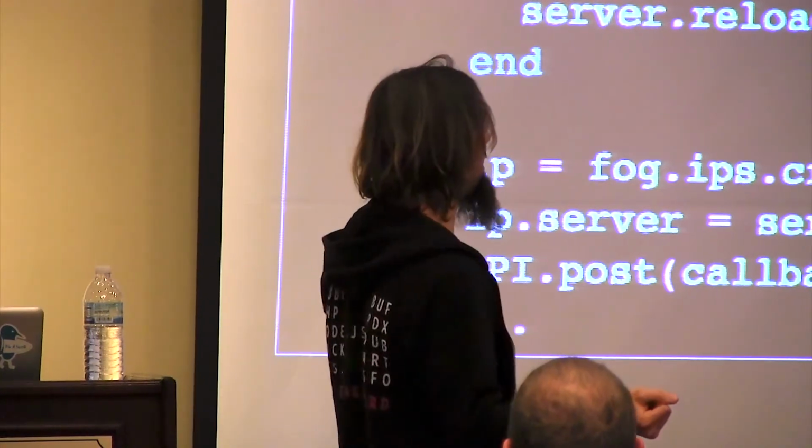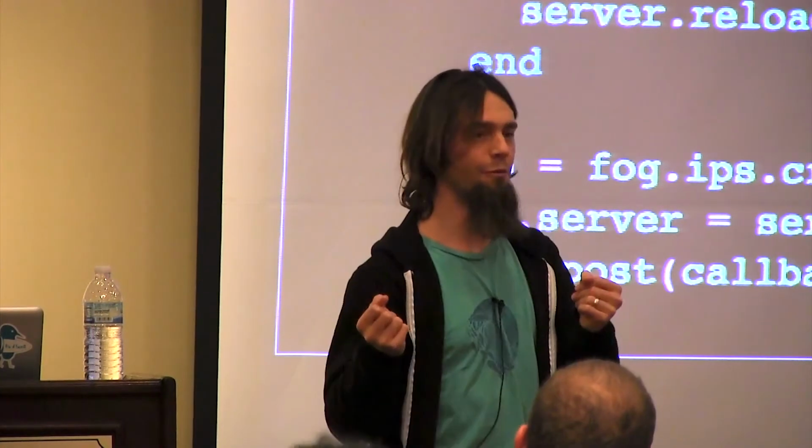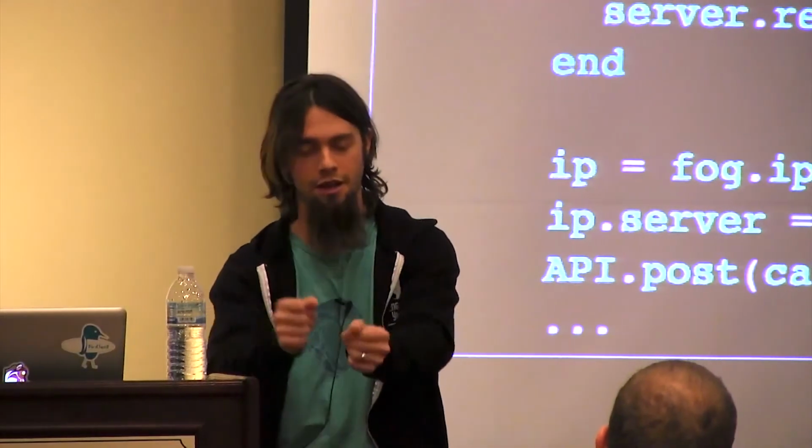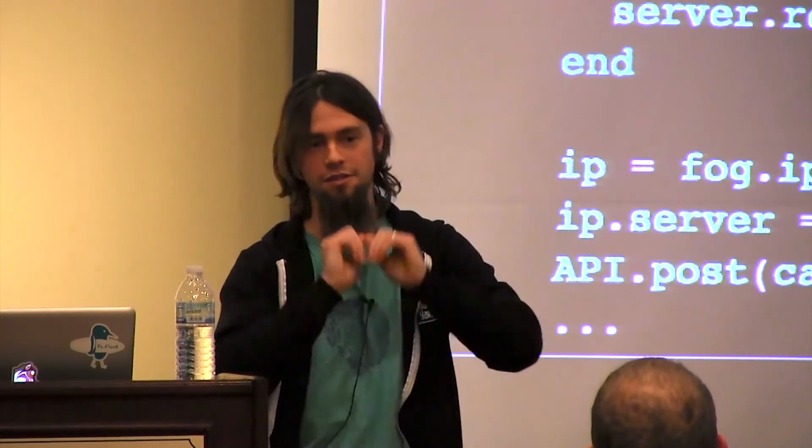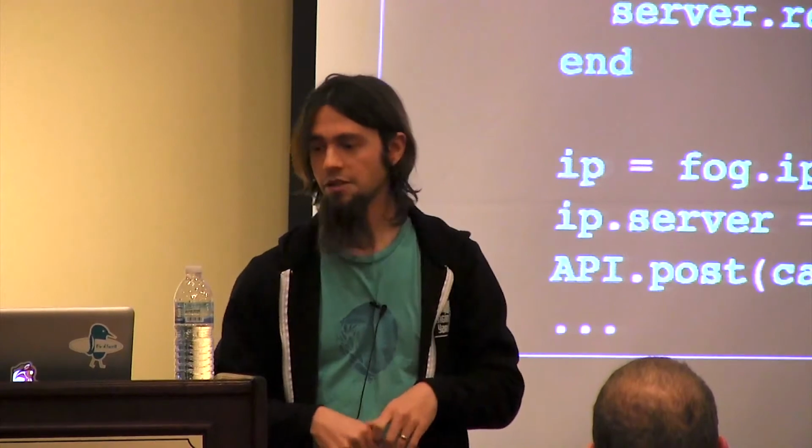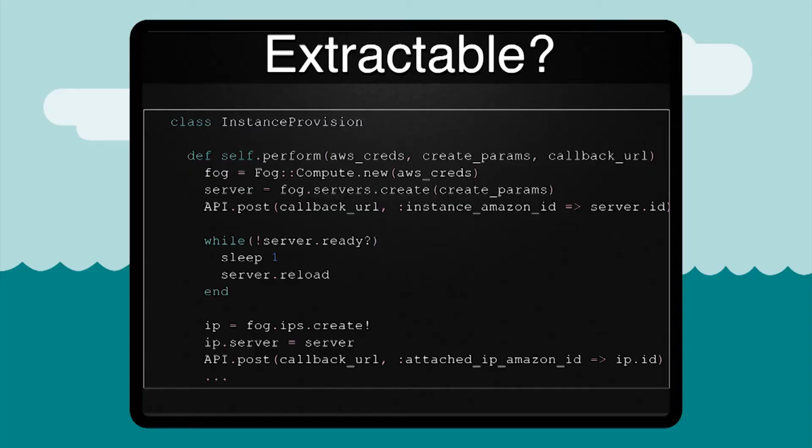So we would need a way to send all the information we want with the arguments to that job, not just some ID that we would look up. So we'd have extra arguments to our perform method, and then maybe some callbacks, an API where we get to key points in our job to call back and update the customer on what's going on. We never actually implemented anything like this.